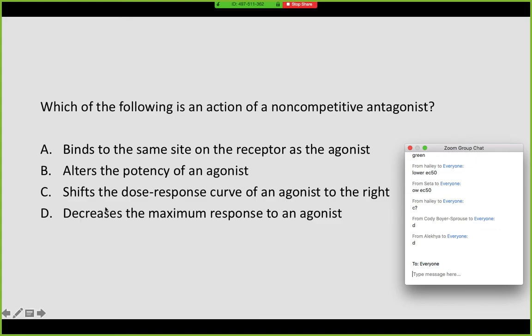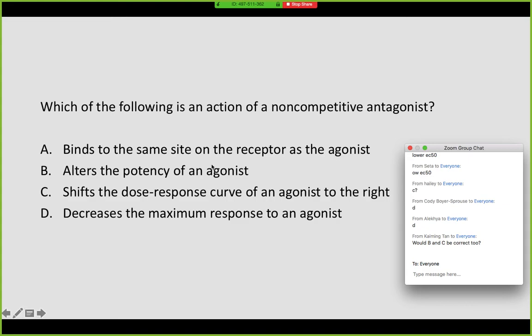Right, so the answer here is D. So it's going to decrease the maximum response to the agonist. So what this means is it's decreasing your Emax. So make sure you can kind of go through all the characteristics of competitive versus non-competitive.